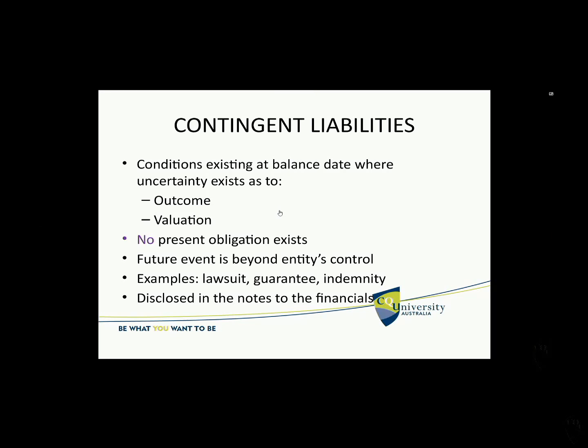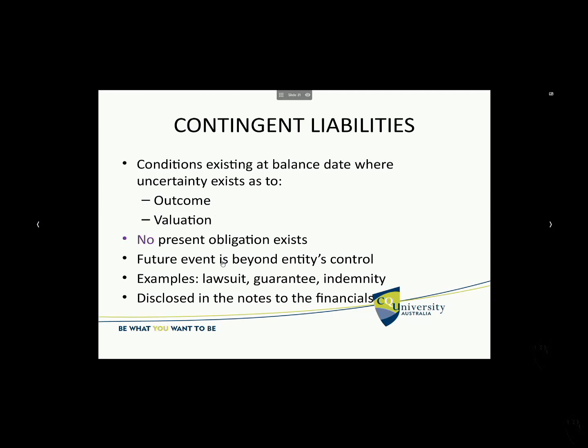A contingent liability arises when conditions exist at balance date where uncertainty exists as to outcome and valuation, or both. The reason a contingent liability is actually not a liability is because there is no present obligation, because of these two factors here, uncertainty as to outcome or valuation.